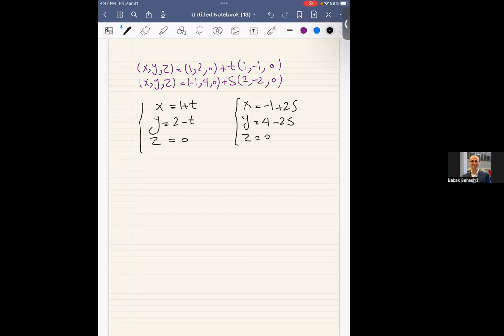Now, if the two lines are identical, look at the x component of each line. Here it is 1 plus t and -1 plus 2s. So 1 plus t must be equal to -1 plus 2s. And then you have 2 minus t, the y equation, equal to 4 minus 2s.